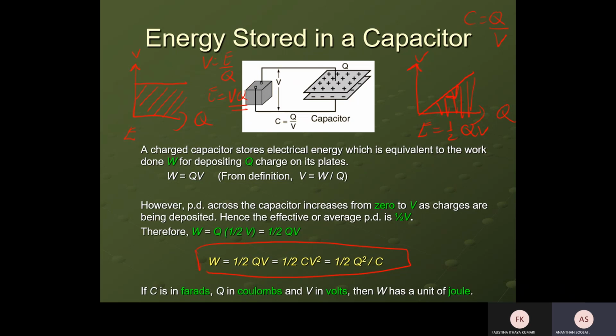What happened to the other 50%? It is lost as heat energy, energy lost to the connecting wires. It is found to be perfectly 50% loss. So efficiency is always 50%. If they ask for energy stored in the capacitor, these are the 3 equations.